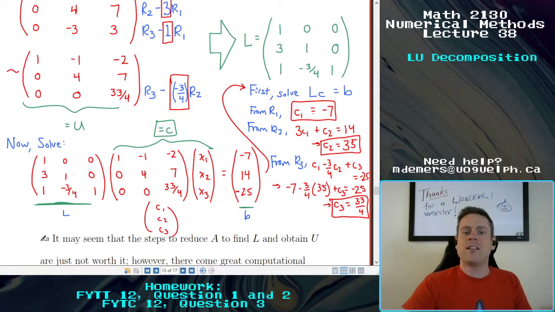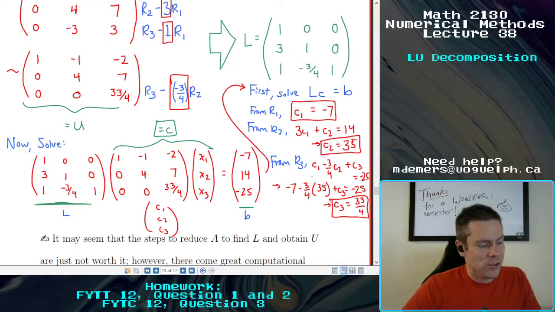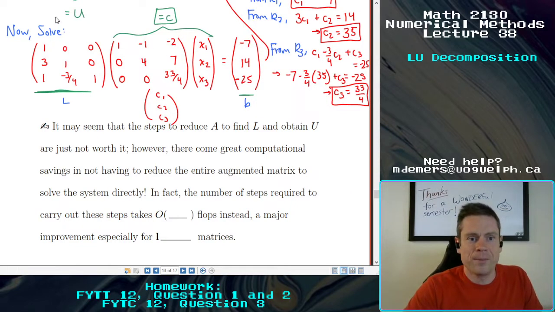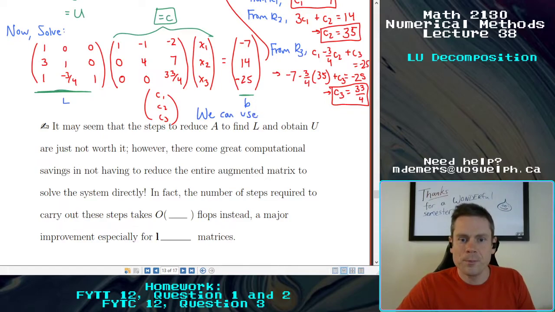So that tells us we've got C1, C2, C3, and now we can use that to determine the values of x1, x2, and x3. I wish I wasn't so squeezed in here, but I've never done these notes before, so we can use C1, C2, C3 to solve. We need this quantity right here, which is our U times x equals c.